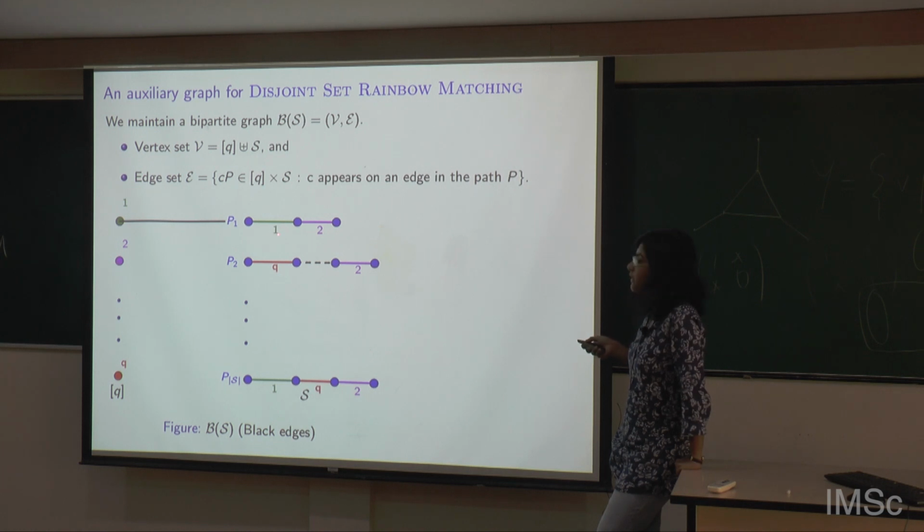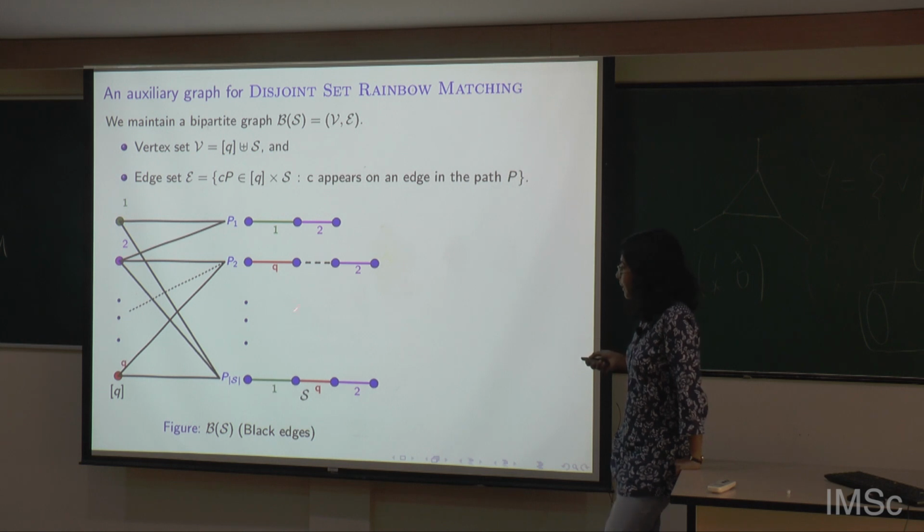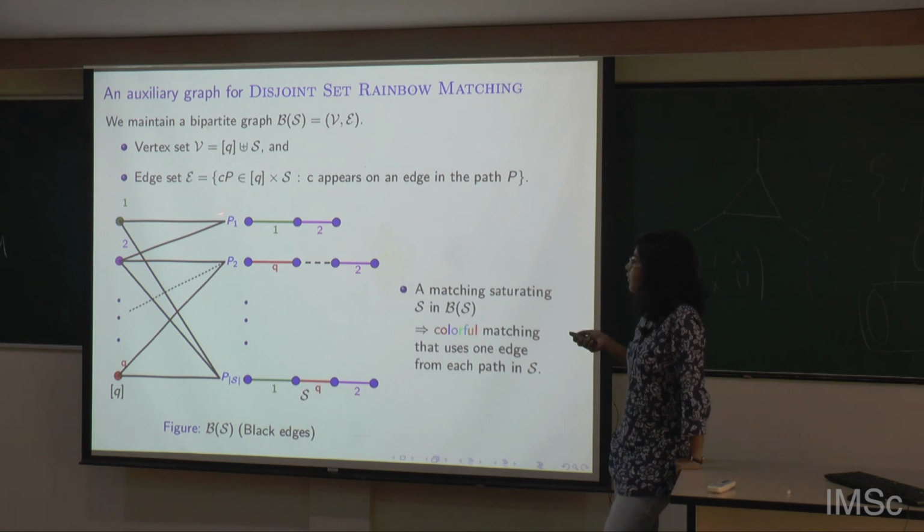Color 1 appears in p1, so we put an edge from 1 to p1. Color 2 also appears in p1, so we put an edge from 2 to p1, and so on. So this gives you a bipartite graph. Now it's not difficult to see that if I find a matching saturating this set of vertices p1 to p mod s, then I get a colorful matching which takes exactly one edge from each path.